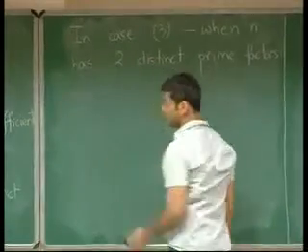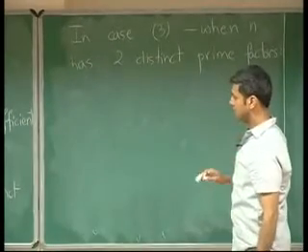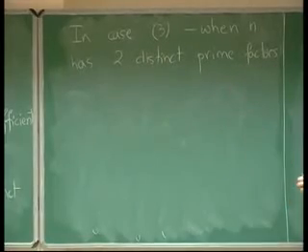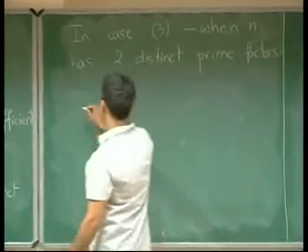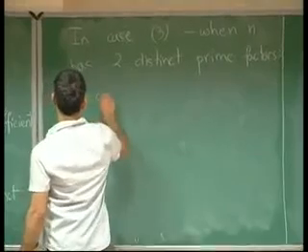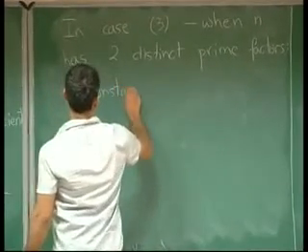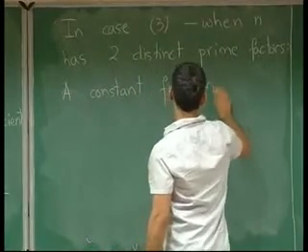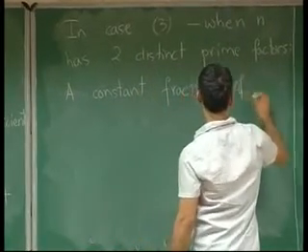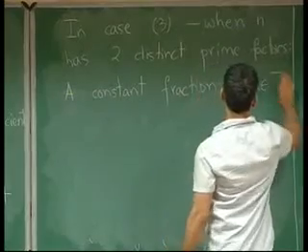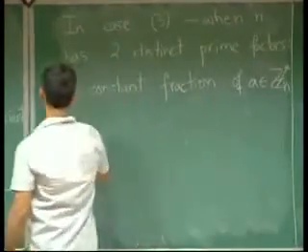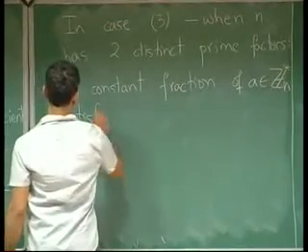When n has two distinct prime factors, we have the following property satisfied by numbers that lie between 1 and n. A constant fraction of numbers a which are in Z star n satisfy the following conditions.